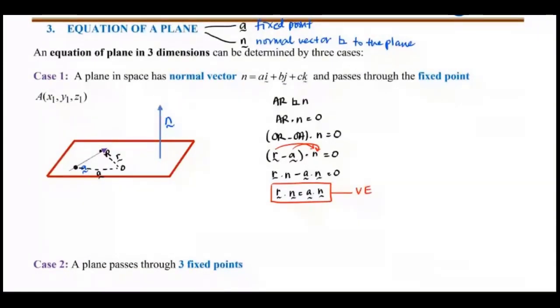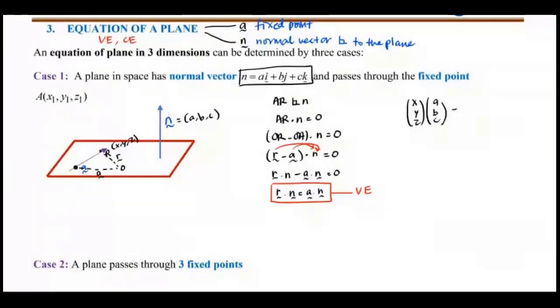Okay, untuk dapatkan Cartesian, untuk plane kita hanya ada dua sahaja. Vector equation dan juga Cartesian sahaja. Kita tak akan ada parametrik. Okay, so for Cartesian, we will substitute the R. R ni kita tahu tadi dah adalah random point which is X, Y, Z. So we can have substitute to be X, Y, Z for the R. And then for the N, kita tahu daripada sini dia adalah A, B, C. So we can have A, B, C here.